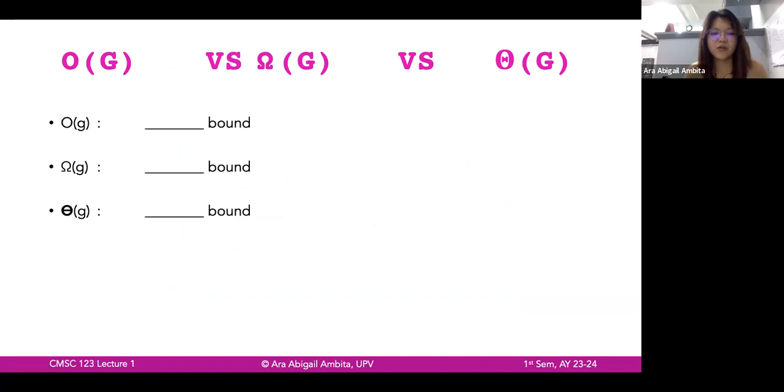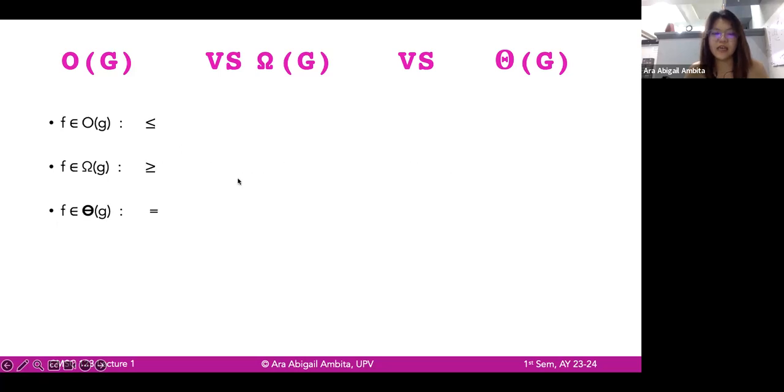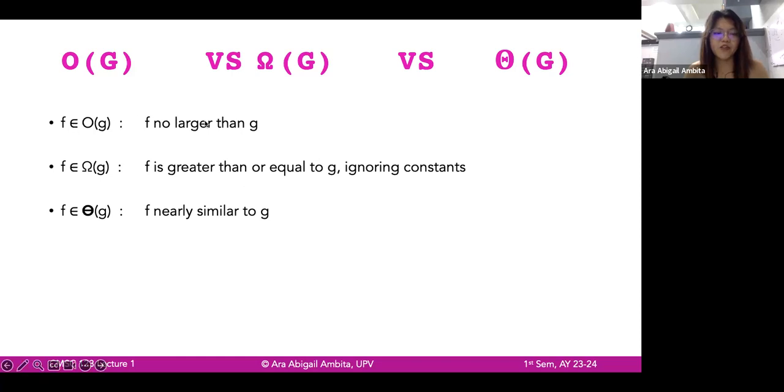Okay, so now a little quiz. The big O describes the upper bound or the worst case. But the big omega of g describes the lower bound or the best case. And for the theta, this describes the average cases. And more summary: in the big O, f is no larger than g, so f will always be less than or equal to g.